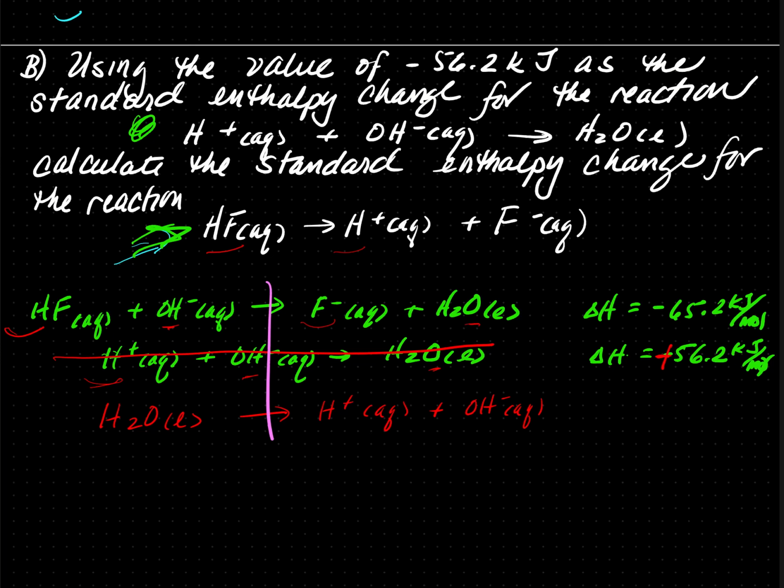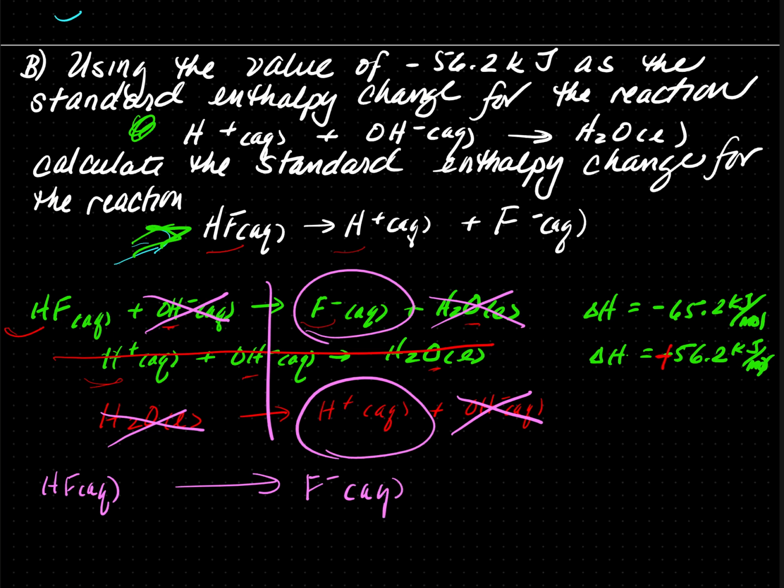There is only one HF, so I'm going to leave it as is. OH minus, I have one on the product side that will cancel out with the reactant side. That disappears. I have one water on the reactant side, which will cancel out with one on the product side. There is no more reactant. I'm going to draw my yield sign. I have a fluoride ion and a hydrogen ion.